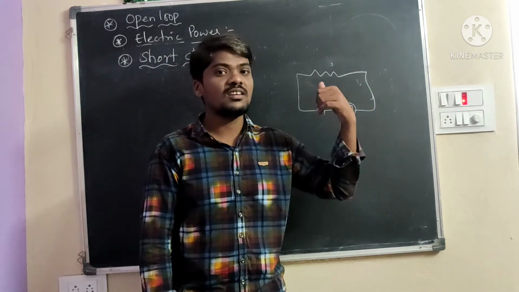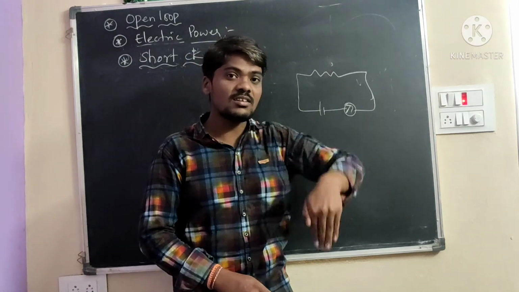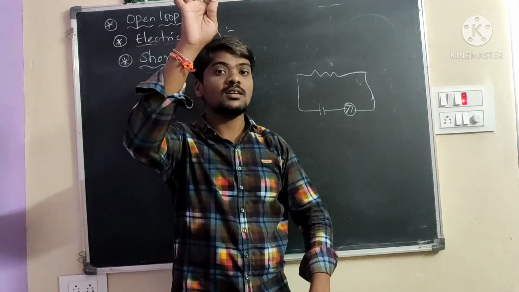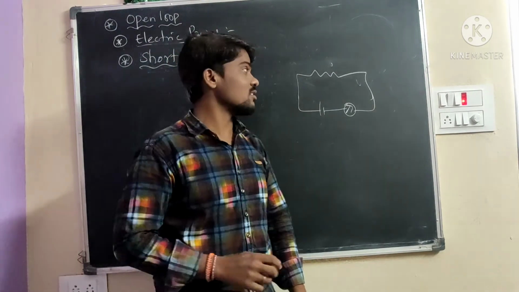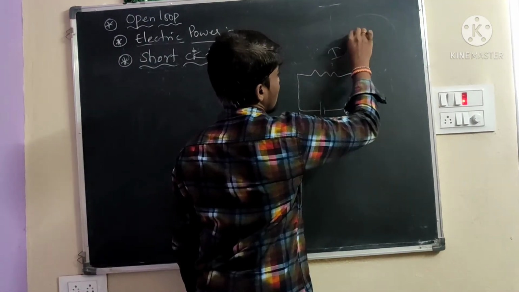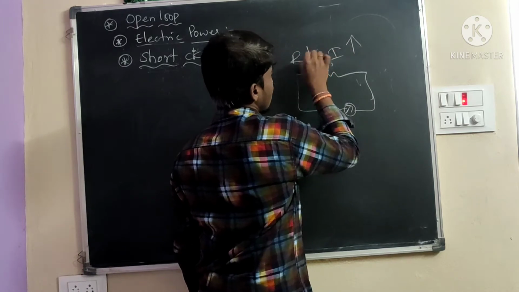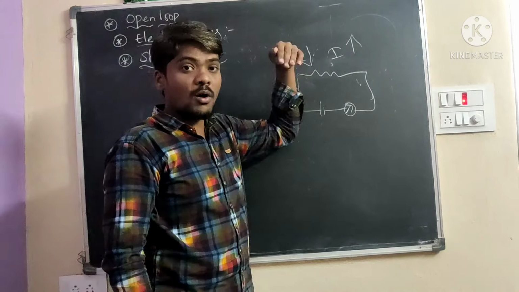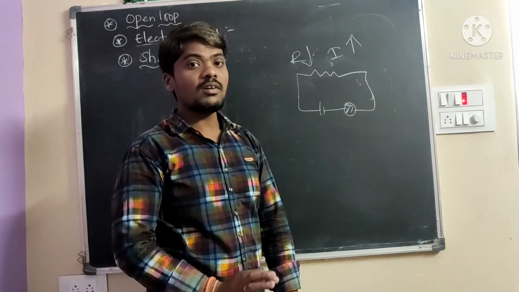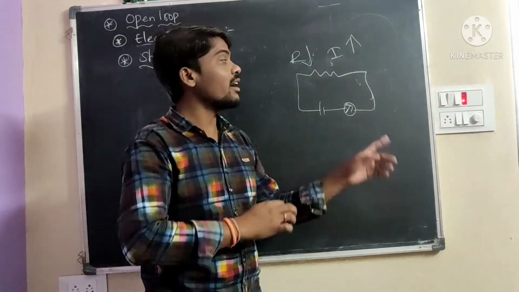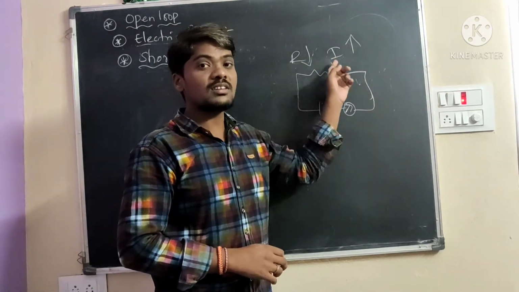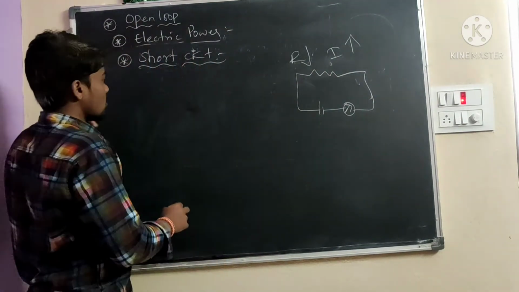If the resistance suddenly falls or drops, the current will automatically increase. Whenever resistance decreases, the current level increases and the wires will be burned. That is the short circuit.